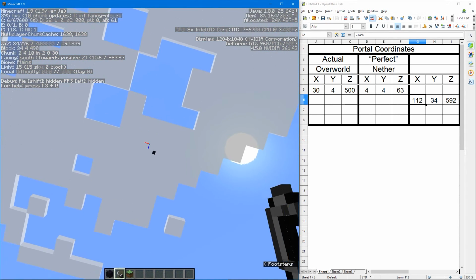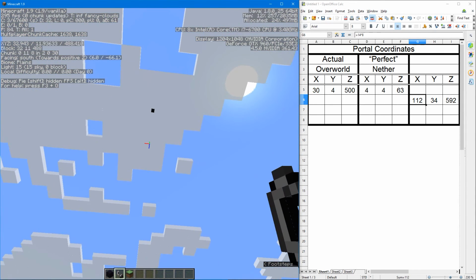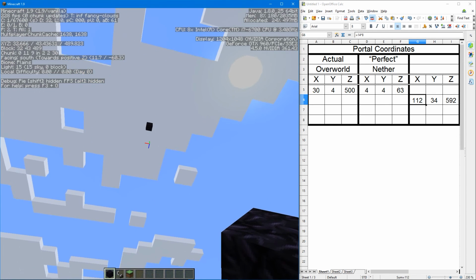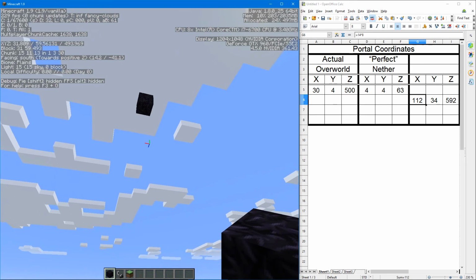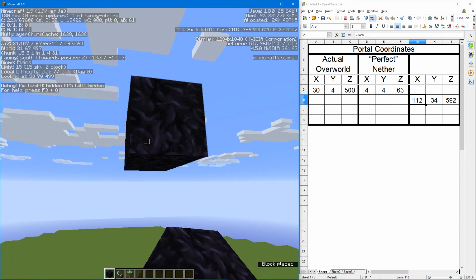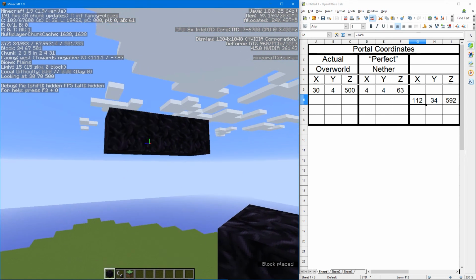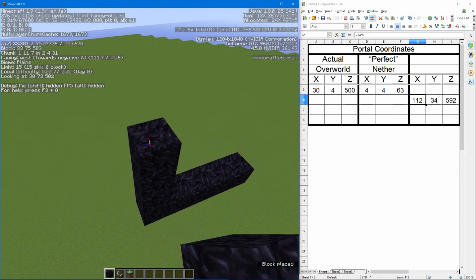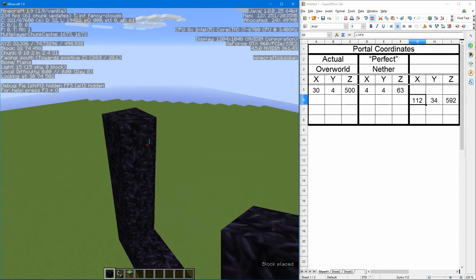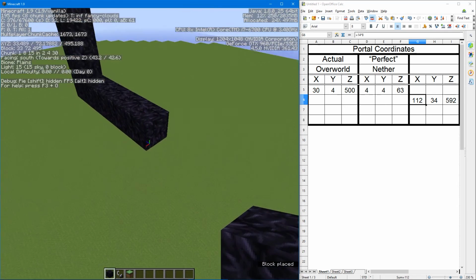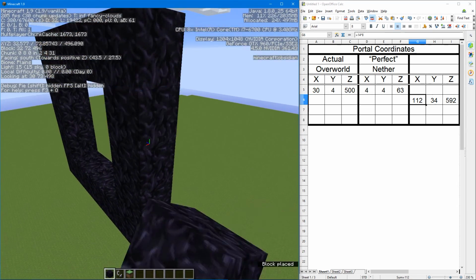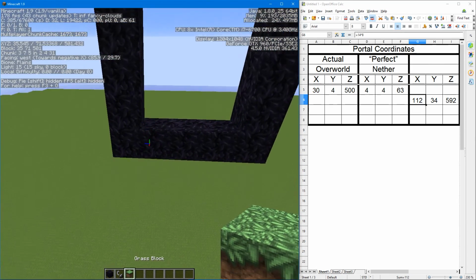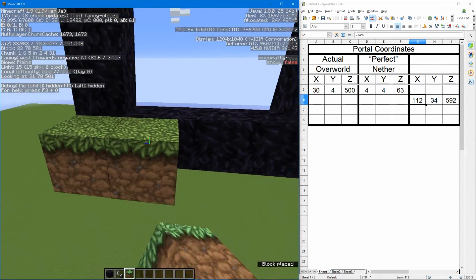If you look straight up, you'll also notice that I have another portal lined up here. This is the reason why, if you guys watch me on a Nova Trail server, I tend to build my Nether hubs around Y70. The reason is that it allows a more diverse set of portals.